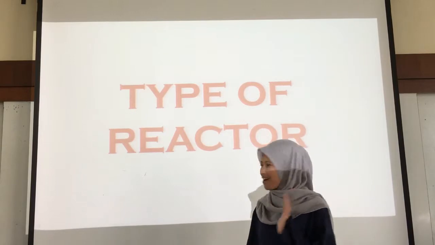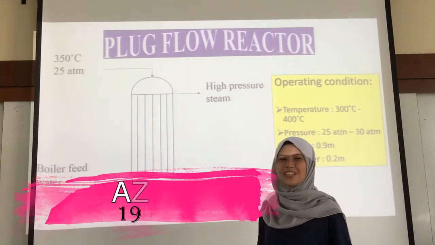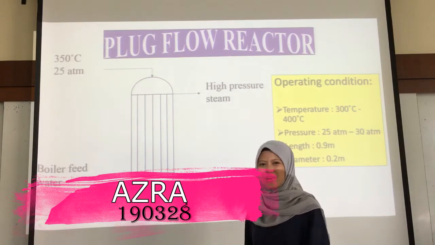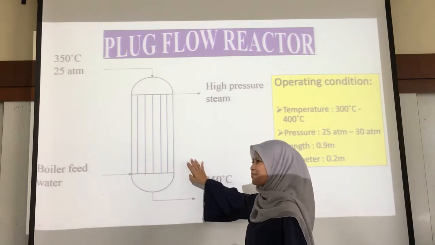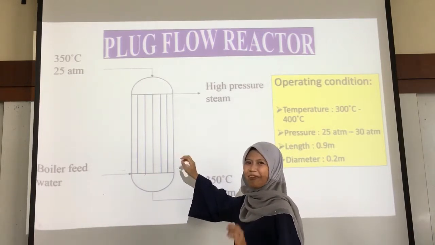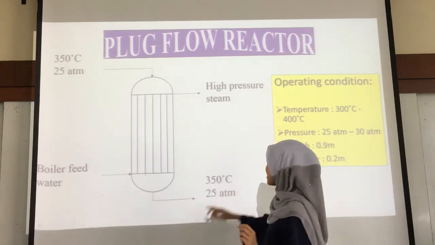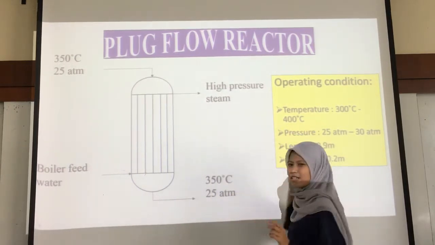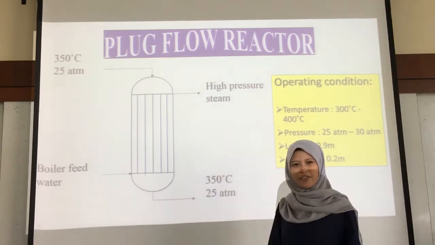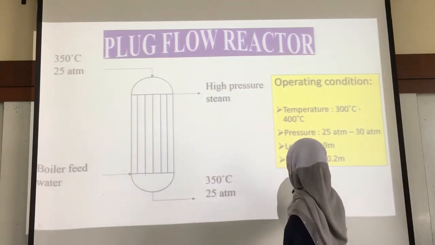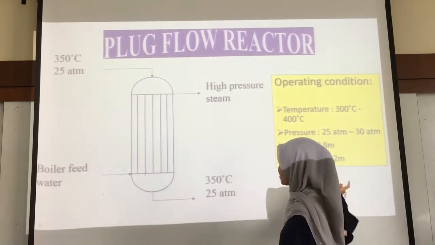I'll be explaining the type of reactor. The type of reactor that we choose is the plug flow reactor. This is the diagram of the reactor. The operating condition for the reactor is a temperature range of around 300 degrees C to 400 degrees C. The pressure is around 25 atm to 30 atm, and the length and diameter we assume to be 0.9 meter and 0.2 meter.